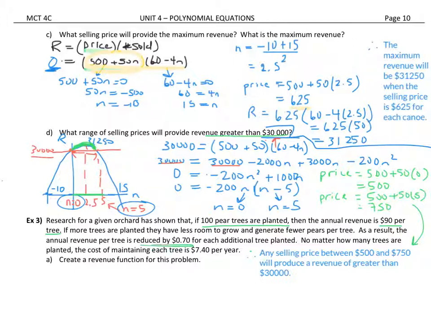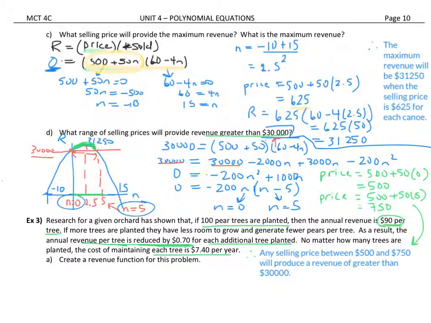So the amount of money you're making per tree is no longer the $90. It's going to be decreased by groups of 70 cents for every additional tree planted. No matter how many trees are planted, the cost of maintaining each tree is $7.40 per year.